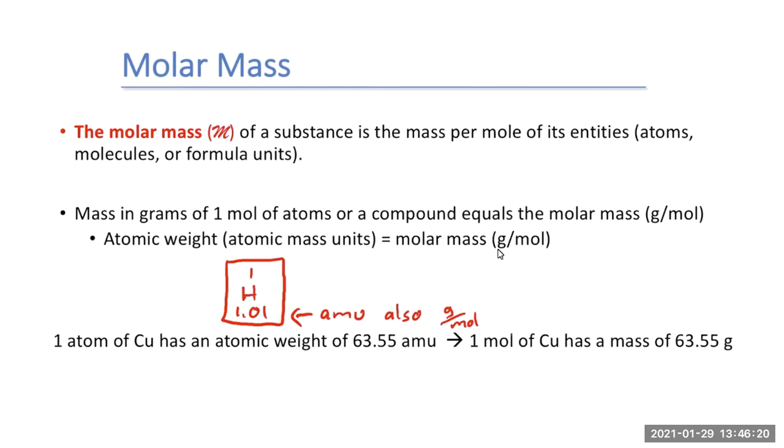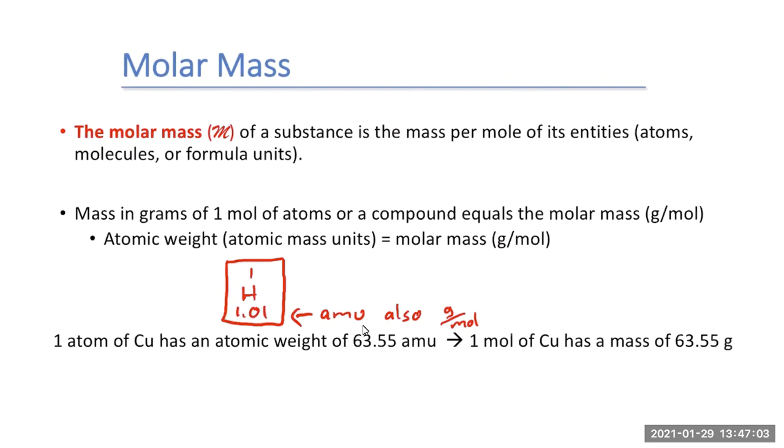And molar mass, we're looking at more the laboratory scale. And if we remember, they came about by similar ideas. They both came about by using carbon-12 as a standard. So that's how we can have the same number on the bottom here for atomic mass units and grams per mole. So that means one atom of copper has an atomic weight of 63.55 atomic mass units. It also means that 1 mole of copper has a mass of 63.55 grams.